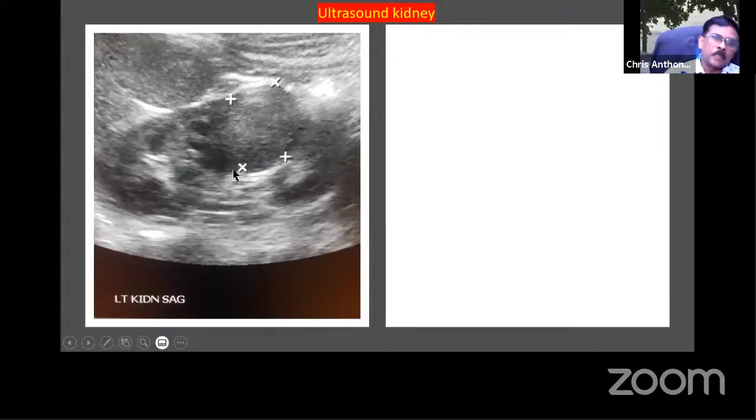So what do you think this lesion in the kidney is? This is a kidney, okay? I already told you it's a kidney, so you don't need to worry where the site of this scan is. It's the kidney, left kidney.